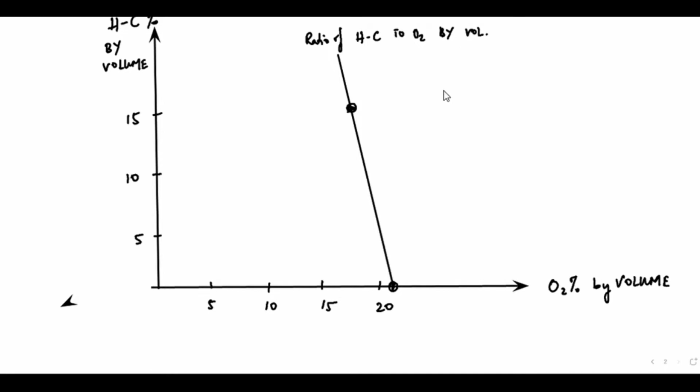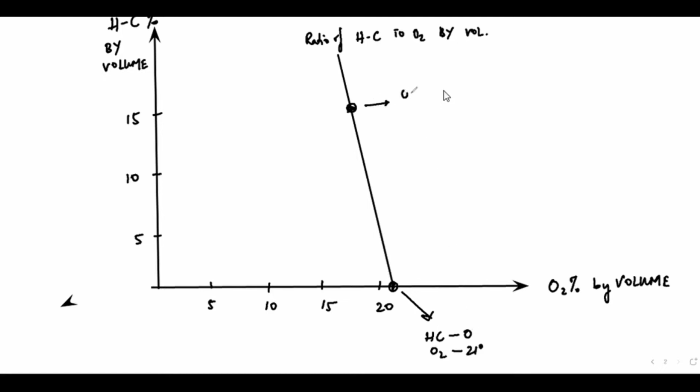Any doubts so far? Are we okay? Are we able to follow? Yes. Why is this line made slanted? The line is slanted because you see at the x-axis, at this point here, hydrocarbon is 0, so oxygen is 21%.